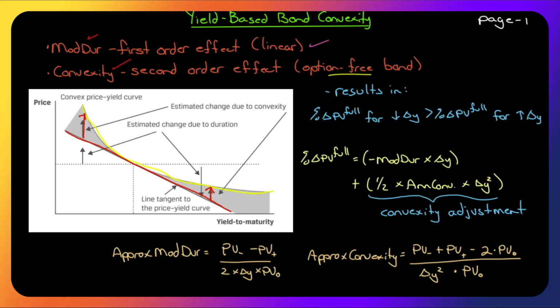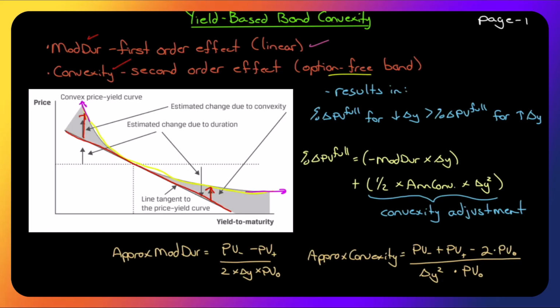Clever, isn't it? So, the nice thing about convexity is, look what happens to the price yield curve. It tends to flatten out as the yield to maturity increases, but it really spikes as the yield to maturity decreases. So convexity is a good thing.